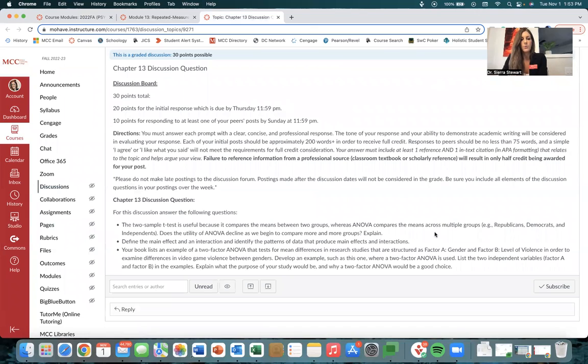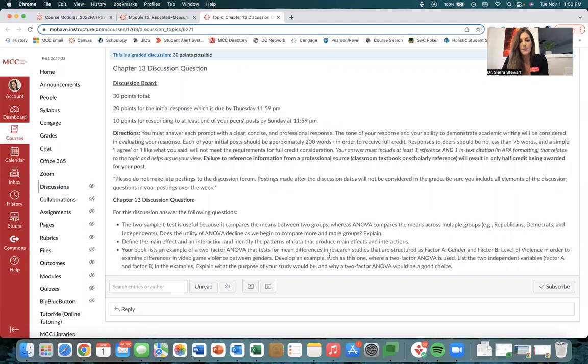When you look at chapter 13, you're going to need a reference for chapter 13. Really, you're going to be using this ANOVA to compare the means across multiple groups. Answer a few of these questions, and then your book is going to list an example of a two-factor ANOVA.